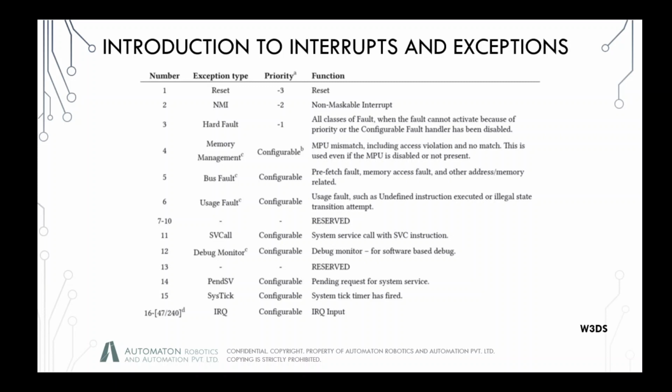Then you have the usage fault. It occurs when there is a program error such as an illegal instruction or an alignment problem, or an attempt to access a non-existing coprocessor. So in some ST microelectronic chips, you have a coprocessor. You have a main higher capacity processor doing higher level stuff, like maybe an ML application or a camera or a graphics related application.